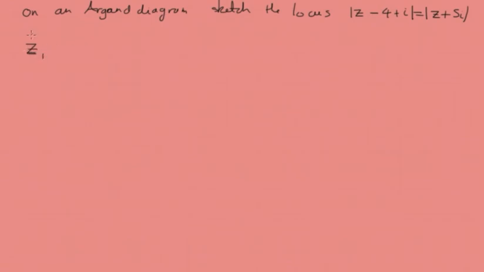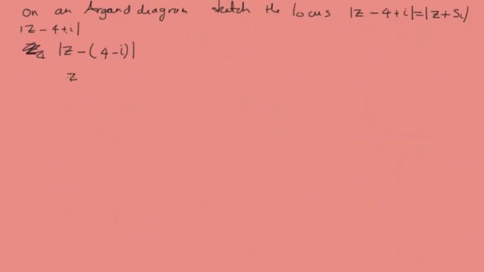Let's write this first. z − 4 + i, so it's going to be z minus 4, minus 4. This is a plus, so we need to have a minus here.